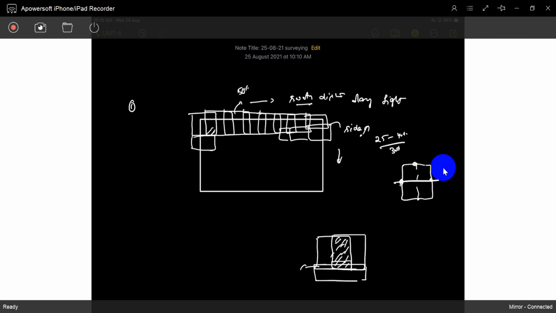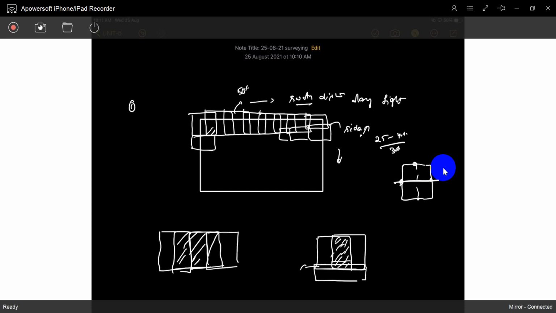At least 50%. Why, sir? If you see, the photograph is there, at least 50% photograph overlapping. So again it will come like this, and the total is covered now. Again it will cover 50.